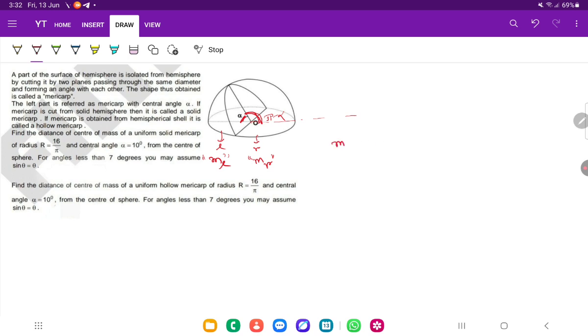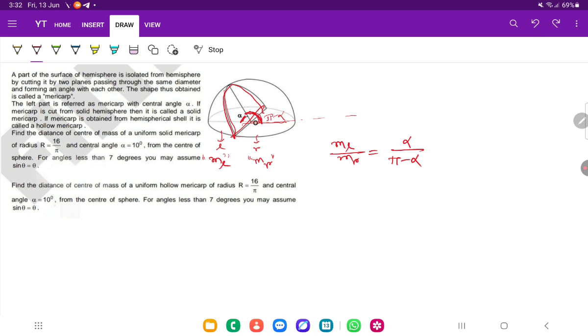So from proportionality we can write ml upon mr equals alpha upon pi minus alpha, because obviously as this central angle, the angle made by the cutting plane with the horizontal, changes, the volume of the mericap will change, and subsequently its mass will also change. So it will be proportional to the angle subtended.